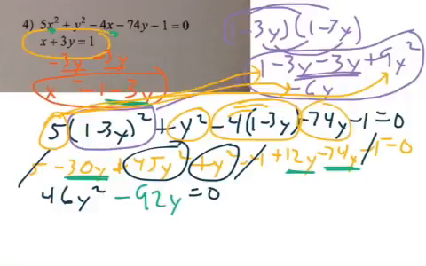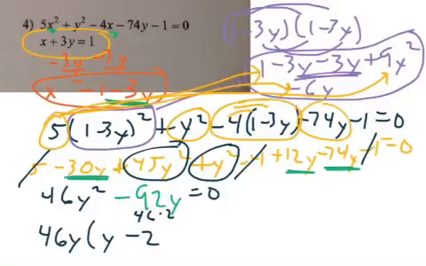Now I could use the quadratic formula right here, guys. But instead, I'm going to factor. I notice that 92 is 46 times 2. So what I can do now is a GCF factoring with 46y, and that leaves me y minus 2 equal to 0.